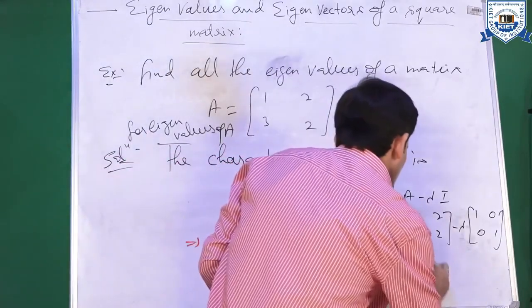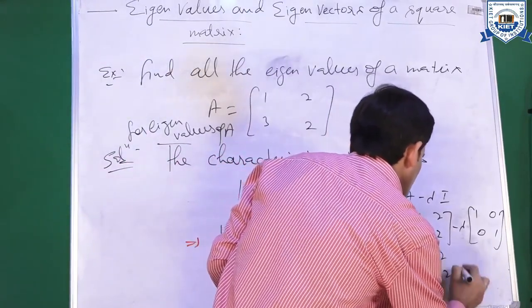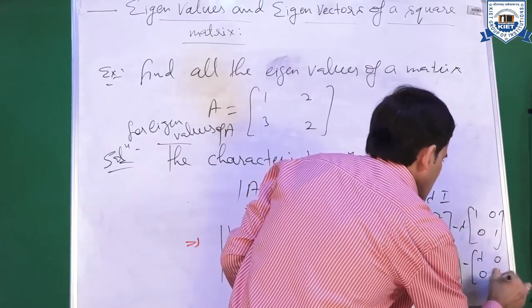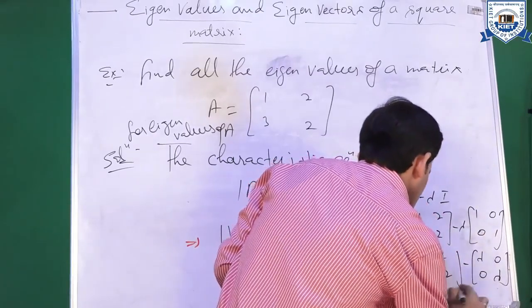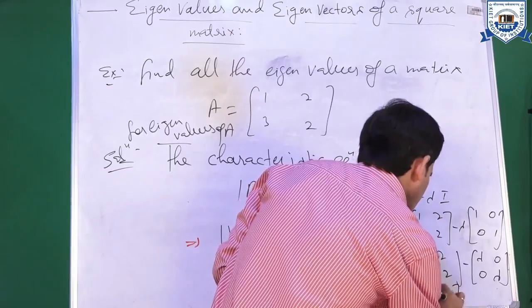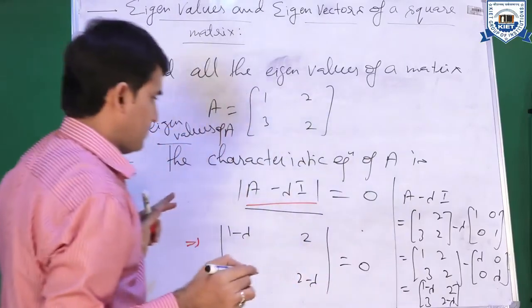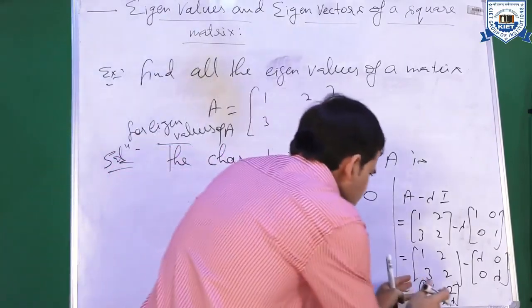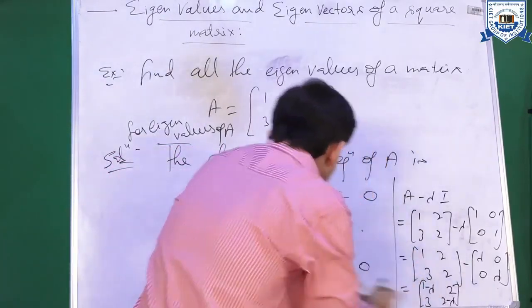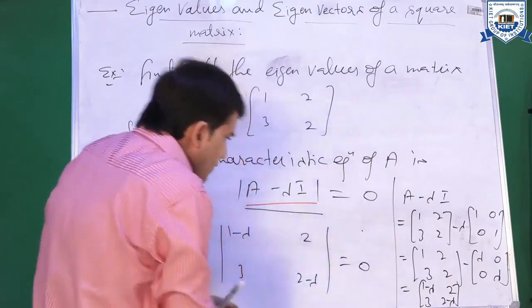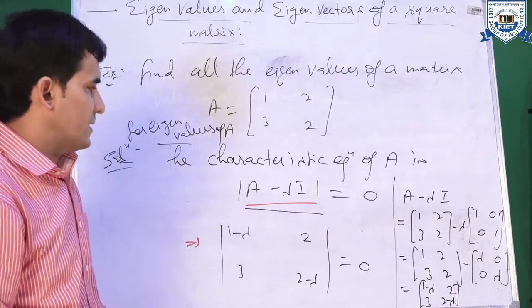Now you can see here 1 2 3 2 and minus lambda 0 0 lambda, and the subtraction of these matrices will be 1 minus lambda, 2, 3, and 2 minus lambda. We have to take the determinant of this matrix, and on putting this determinant equal to 0, we will get the characteristic equation of matrix A.